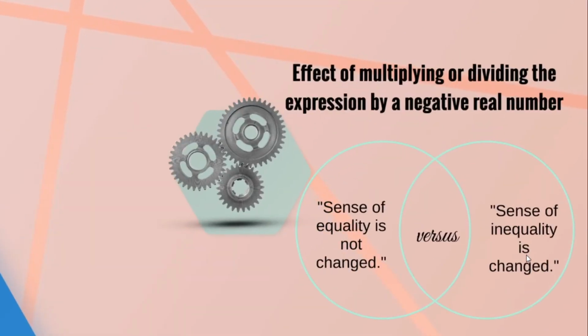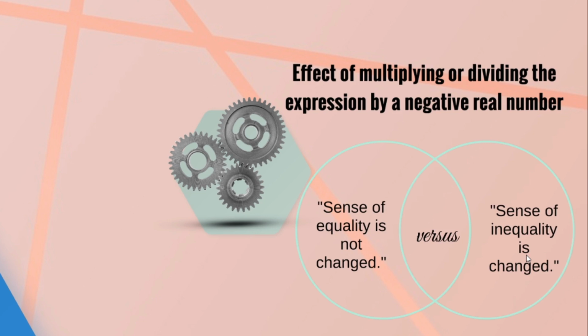So, effect of multiplying or dividing the expression by a negative real number. In linear equation, the sense of equality is not changed. Ibig sabihin, yung symbol na equal sign would not be changed. Yun at yun pa din yun. Equal sign pa din. Versus sa ating linear inequality, the sense of inequality is changed. For example, we have inequality greater than.